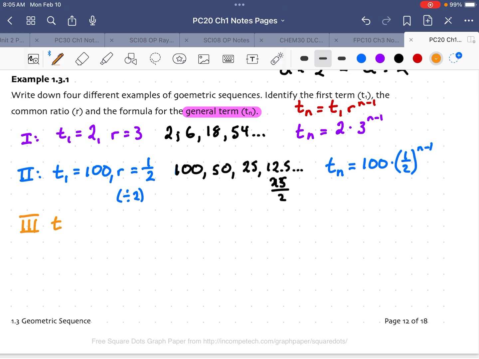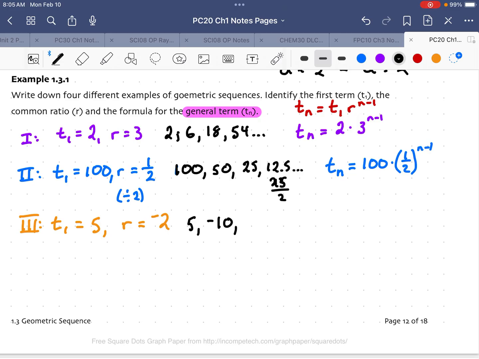What happens if our term 1 is equal to, let's say, 5? What happens if our common ratio is equal to a negative number? Let's do -2. This means we're going to multiply by -2 each time. It means we start at 5, multiply by -2 to get -10.